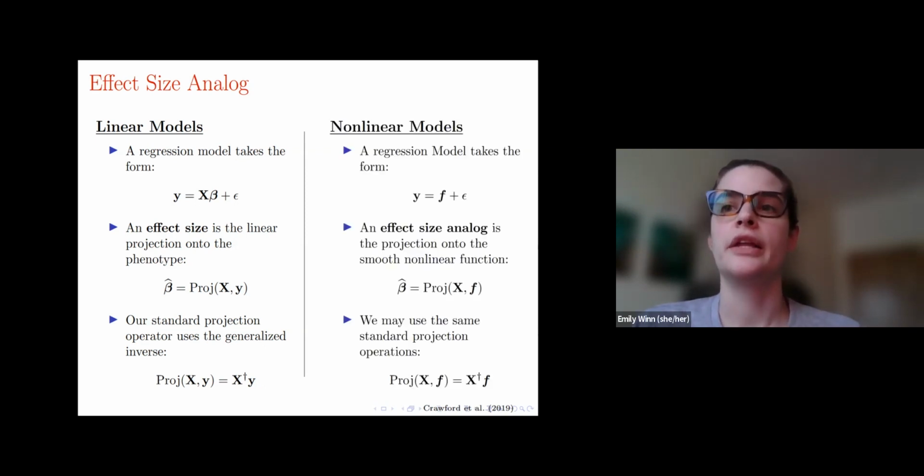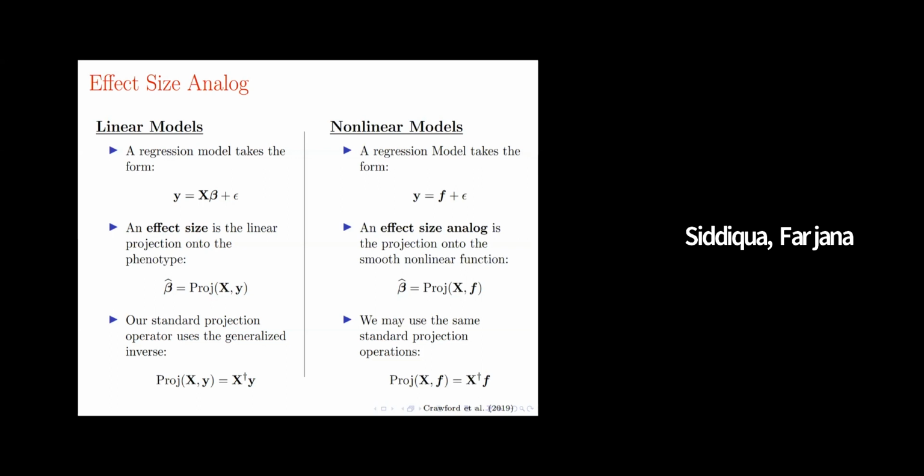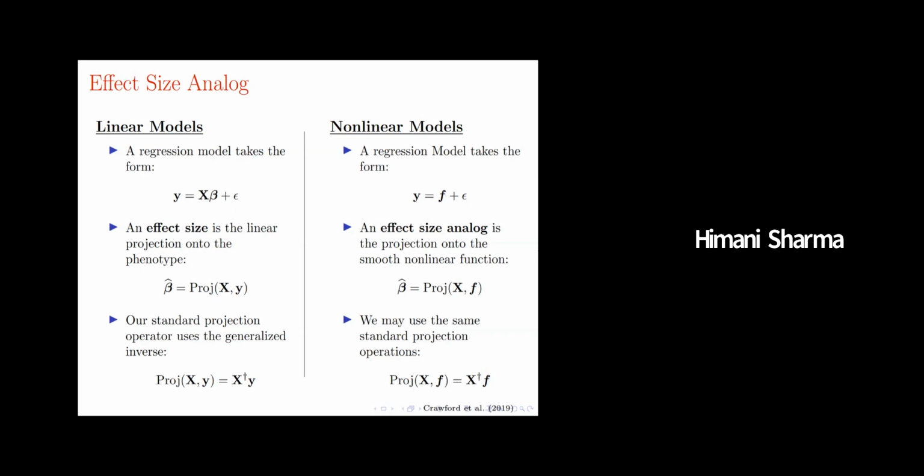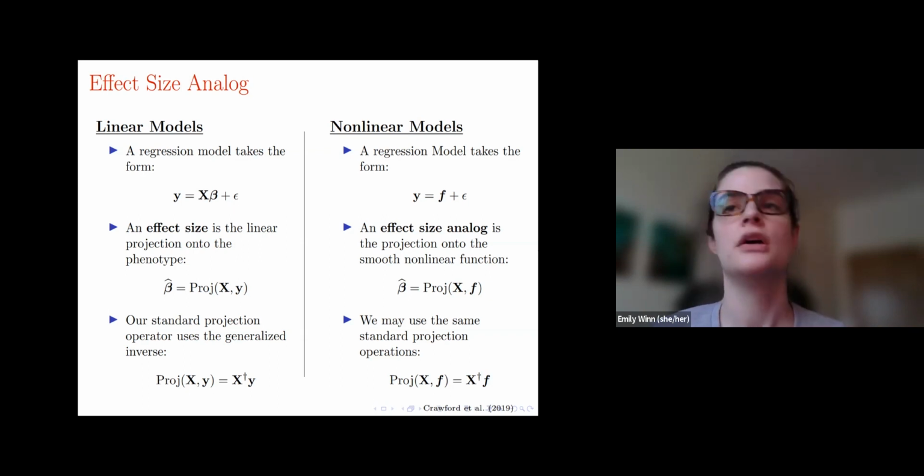So in this case, on nonlinear models, what we could do, and has been done, is what's called an effect size analog, which means we project f(x) onto the function f in a similar way with the generalized inverse.